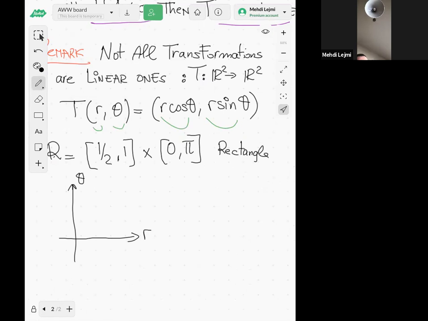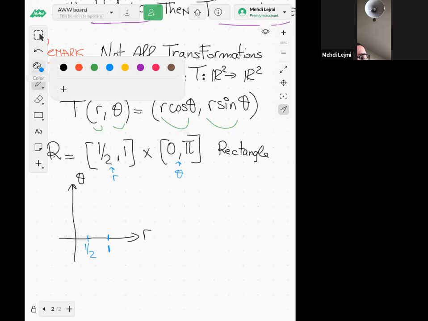So my rectangle R is the interval half to 1 for R, and the interval 0 to pi for theta. So on the R axis I'm going to need half and 1, because R belongs to the interval half to 1, and theta is from 0 to pi.